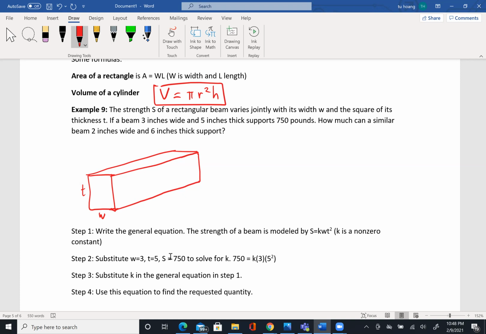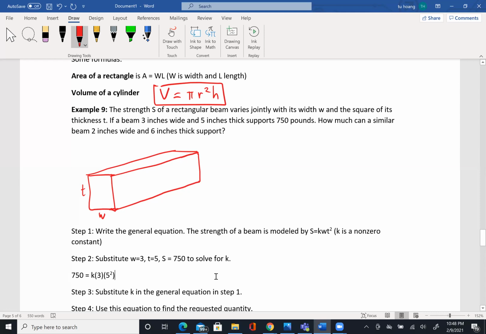Now I'm gonna try to solve for K by dividing both sides by 3 and 5 squared.